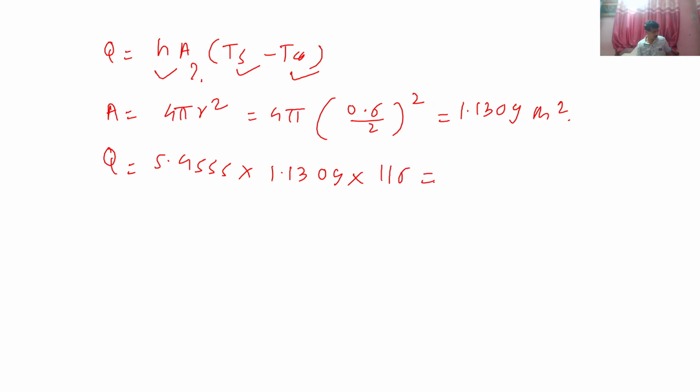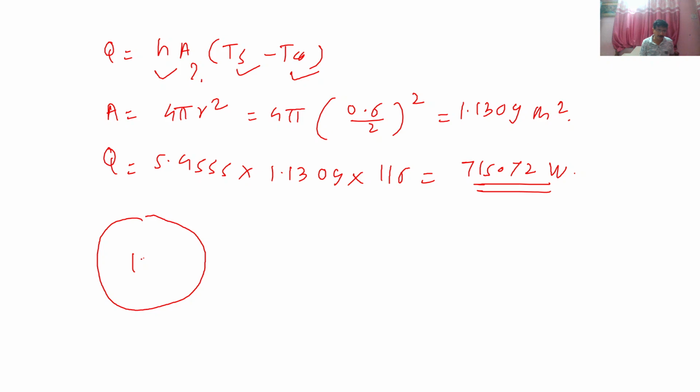And if I calculate it, it comes around 715.72. 715.72 watt. Okay, that is Q. Now, this bulb is of 100 watt, meaning the electricity given to light this bulb is 100 watt.